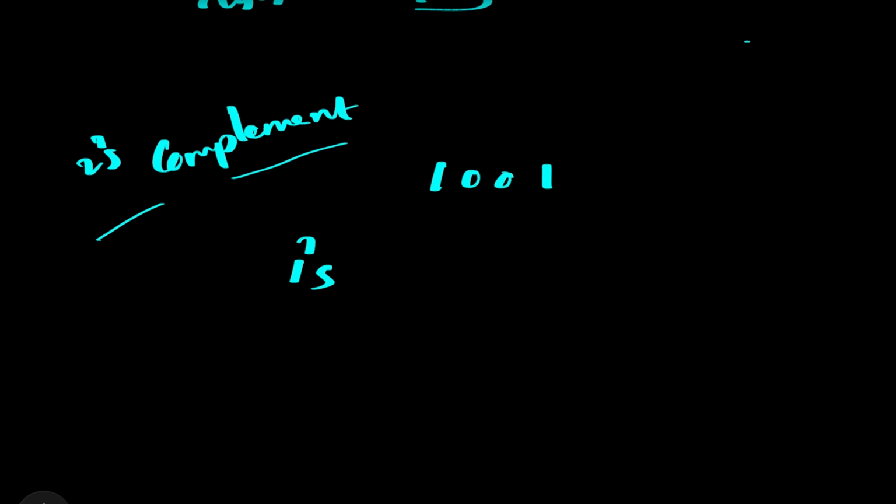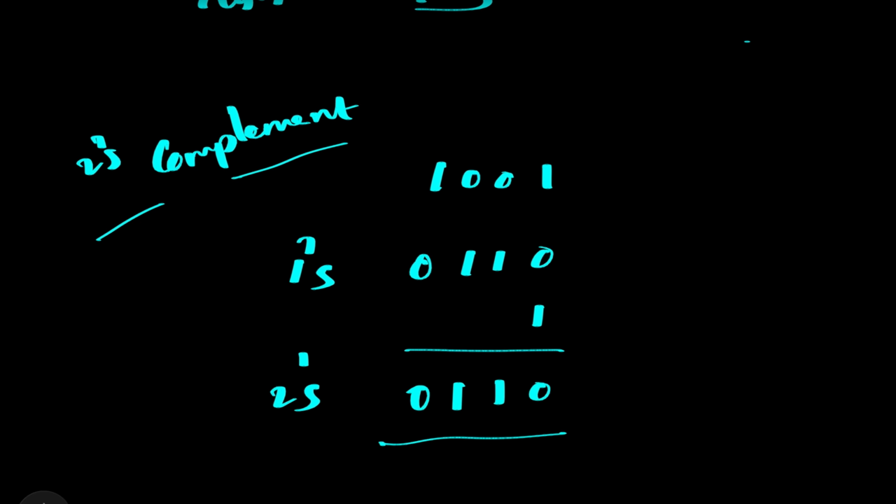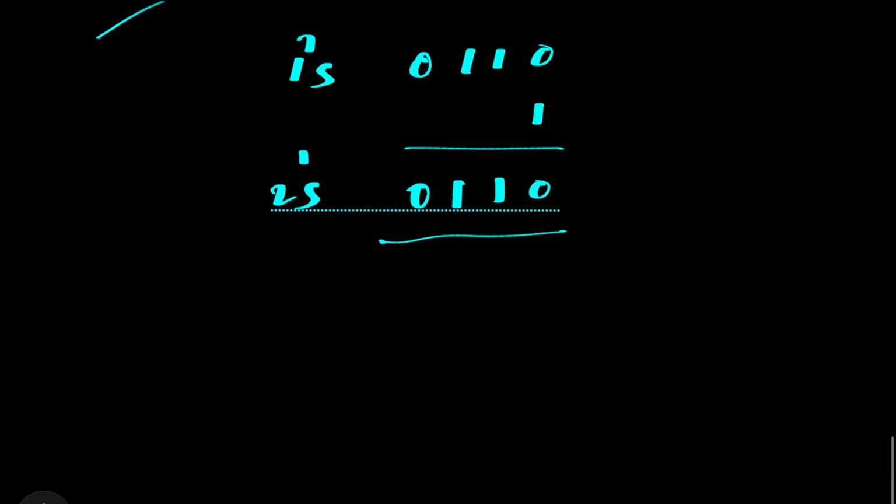So first ones complement representation 0110. Now the twos complement will be adding the 1 at the LSB and getting the result 0110. So the 2's complement representation of the 1001 is the 0110. This is how the 2's complement representation will be happening.